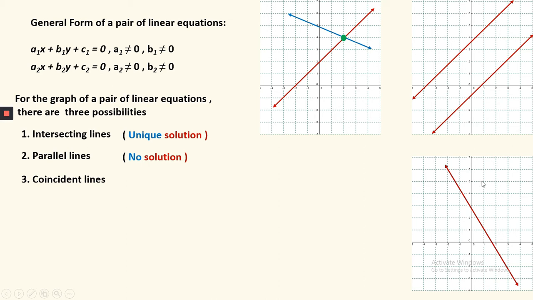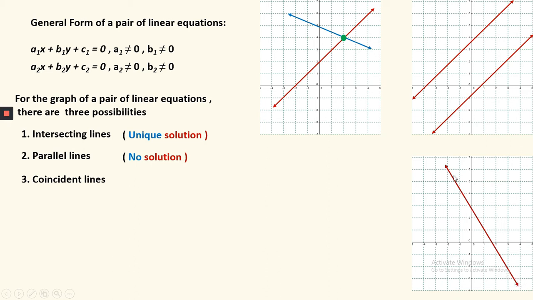And the third one, we saw that both the lines are coinciding. Both the lines are exactly the same. So if we take any point of the first line, that will also be a point on the second line. And that is true for every point on these lines.